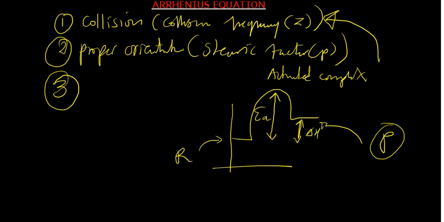Now, for you to reach the maximum point there, you need to overcome what is called the activation energy barrier. So this here is called the activation energy barrier. That is what you need to overcome by supplying energy which is either greater than or equal to the activation energy.